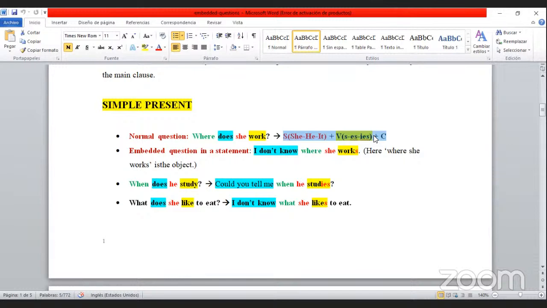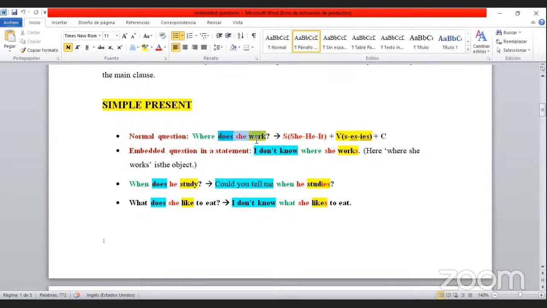So we are not going to use here do and does. Only the verb. If we have a third person, he, she, it, we have to note that the verb is going to be with s, es, or ies. So this is affirmative, right? So my embedded question, I don't know. This is another embedded question. I don't know where, the same WH.